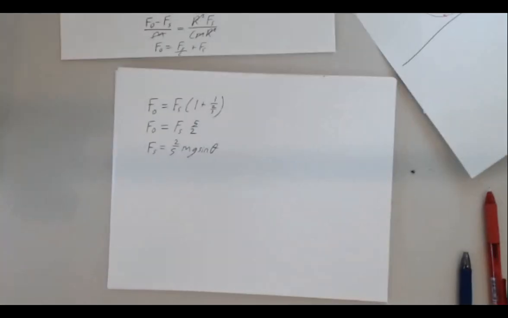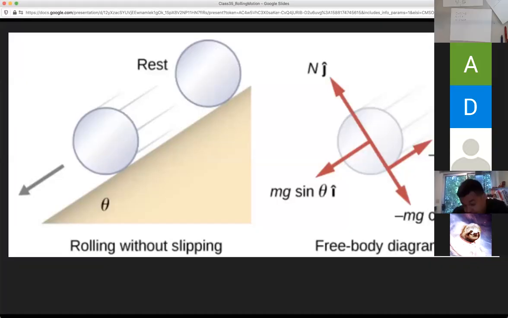Okay? So now if we go back to our diagram, now we know what this friction force is. We know what it had to be because the ball rolled. So just by the fact that it rolled, we know what the friction force was. It was 2/5 of this force, which means how much of this force was left? 3/5.